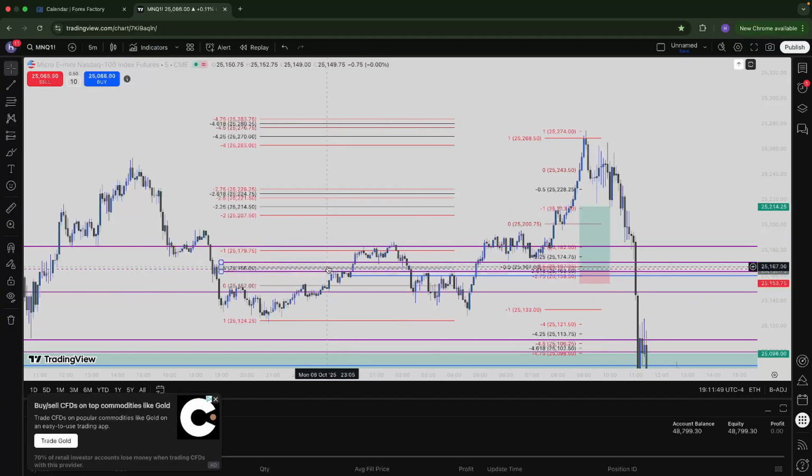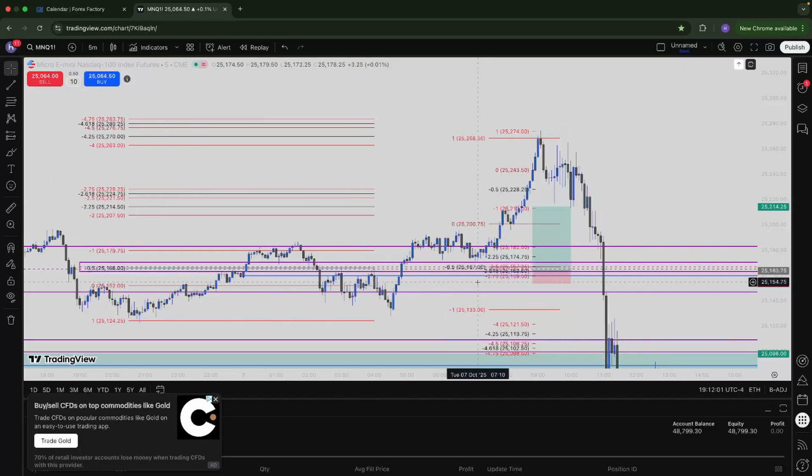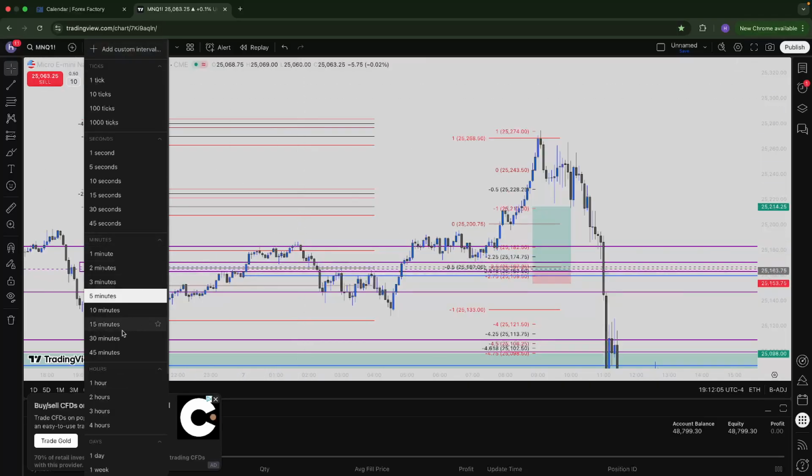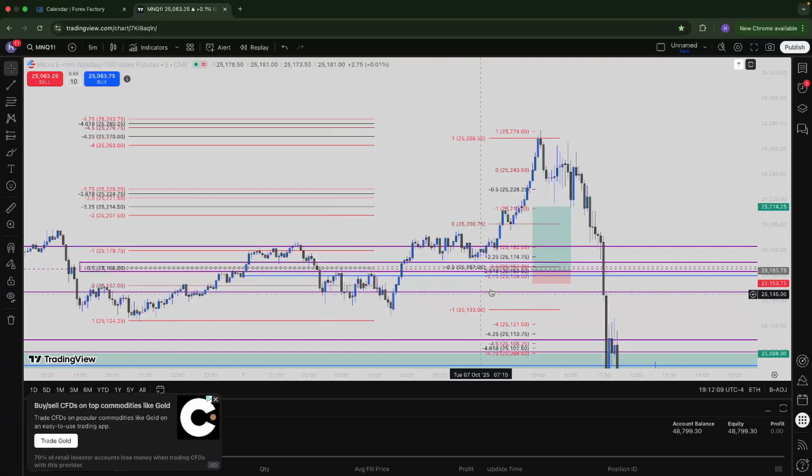So I was decently confident in this trade. It also lined up with midnight open, which I wanted the market to sweep, and that was in the trade. There's also, I'm pretty sure, a 15-minute fair value gap. That was my entry, and I was hoping for 50 points, but we did just get stopped through.